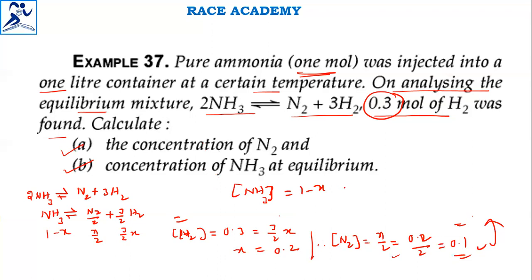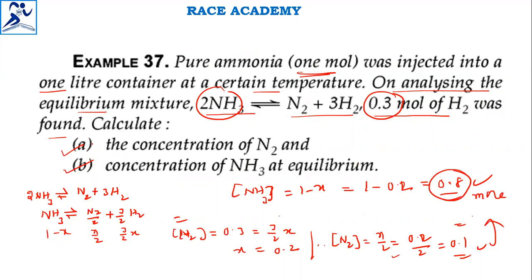That is 1 minus x, in the given question only. So x value we got is 0.2. So when you substitute, it will become 0.8. So the amount of undissociated NH3 at equilibrium is 0.8 moles.